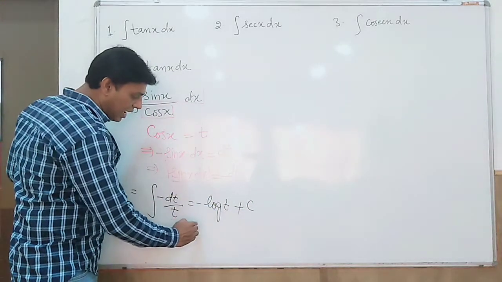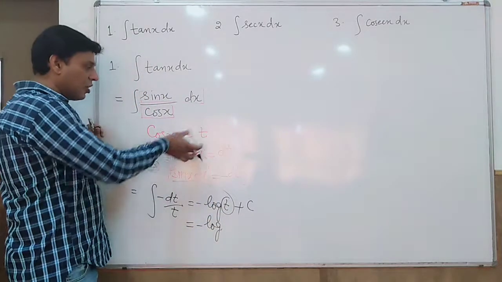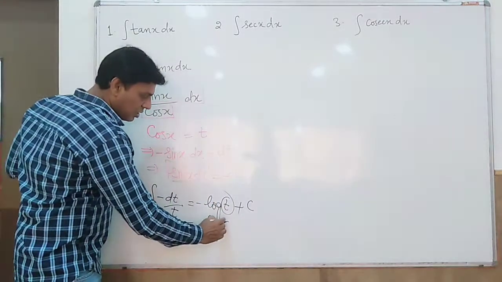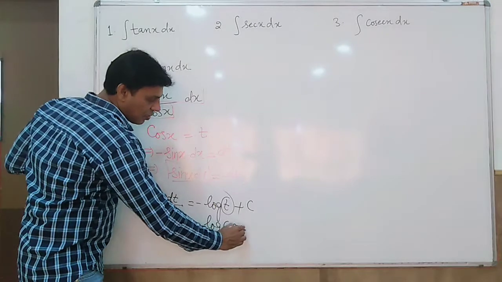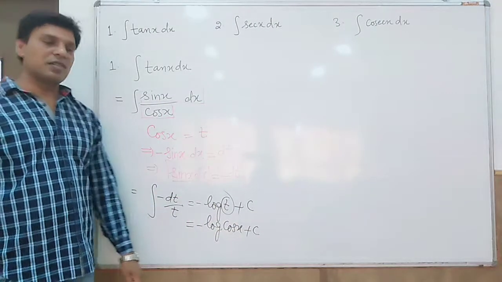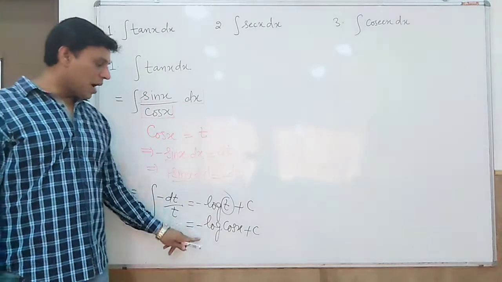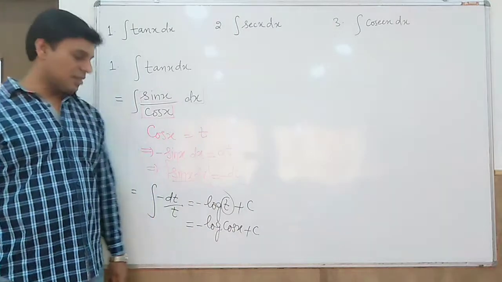Now we have to put back the value of t. What was your t? Your t was cos x. So it is minus log cos x plus c. You have solved the integration: the integration of tan x is minus log cos x plus c.